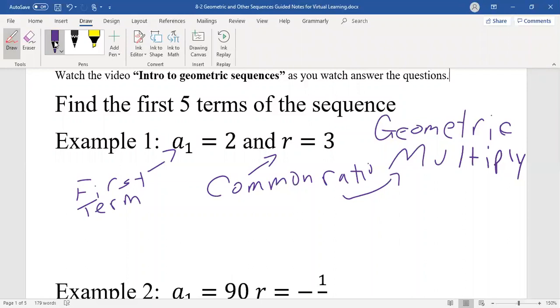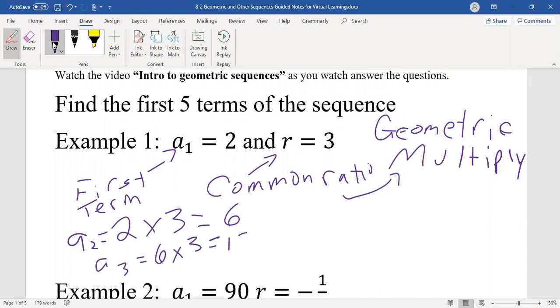So to develop the first 5 terms of this sequence, you take 2. 2 times 3 will give you 6. A3 will be 6 times 3, which will give you 18. And A4 will be 18 times 3, which should be 54.